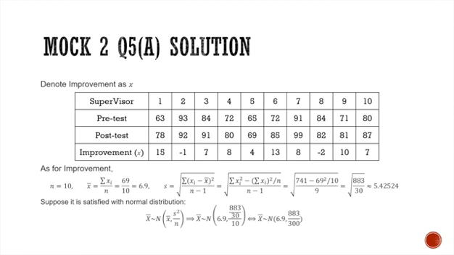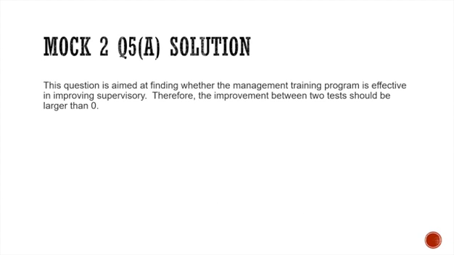Next, with these basic steps, we need to do the hypothesis testing. This question aims at finding whether the management training program is effective in improving supervisory skills. Therefore, the improvement between the two tests should be larger than 0. The first step is to formulate the null hypothesis.